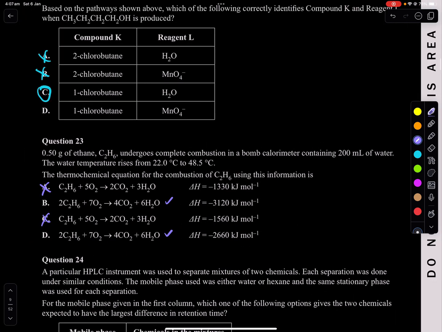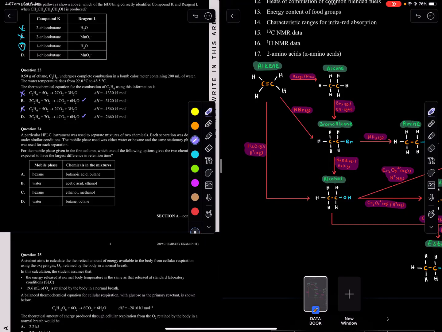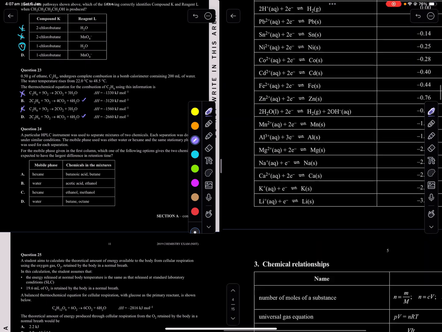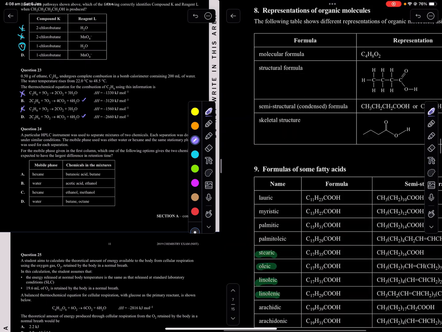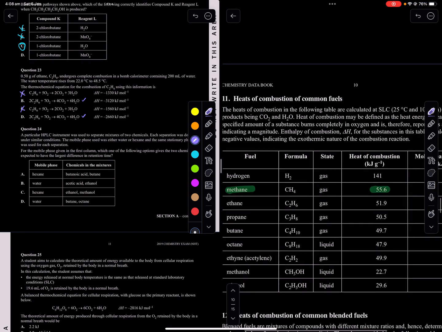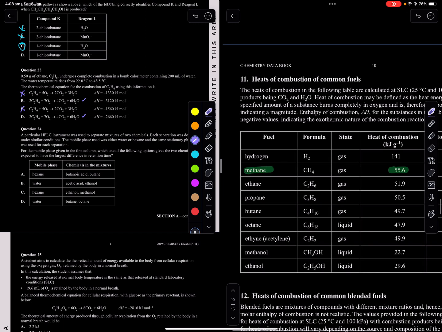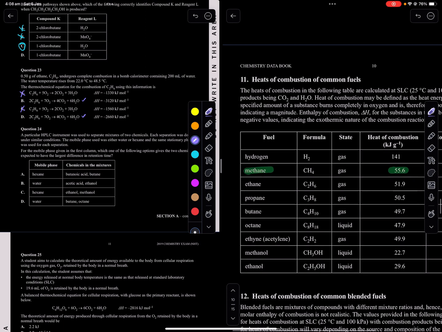Well, it's easy to actually calculate enthalpy change. Remember, be careful. You might just go to ethane and go to your data book and start to look at the heat of combustion. For example, ethane. Is this methane? Yeah.